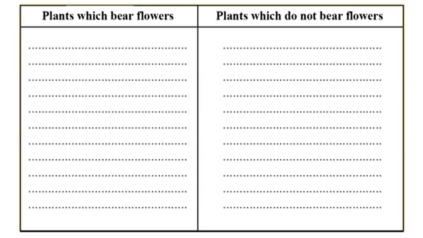So plants with flowers here: rose, idde, gardenia, balsam, they have flowers. Therefore, I'm going to write them. Rose, idde, gardenia, balsam.